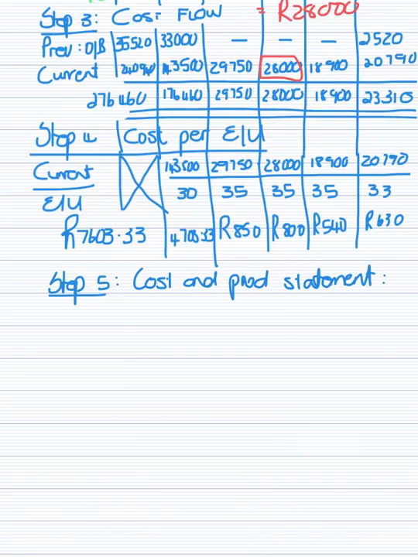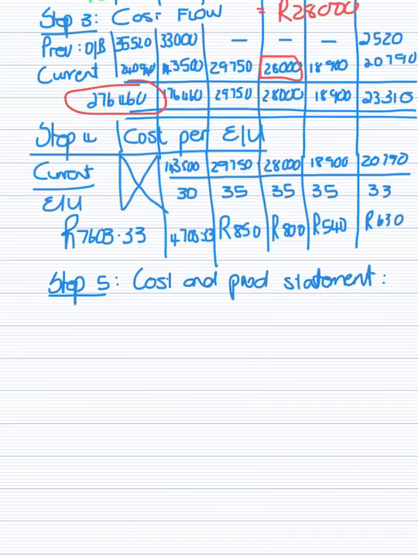In this cost and production statement, we are going to merge the information from step 2 and mainly step 4 to divide this total cost between the different groupings of units.